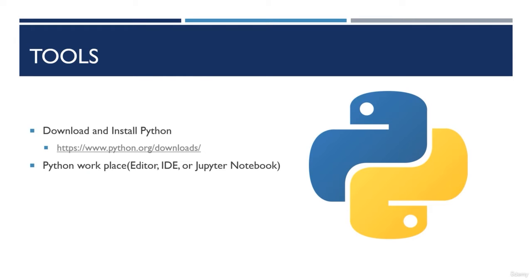After that, we need a working environment for the Python programming language, a workplace to type, edit, debug, test, and run our programs easily without any complication. So you need a text editor for Python, or you can use any IDE, integrated development environment, like PyCharm, or you can use the Jupyter Notebook.